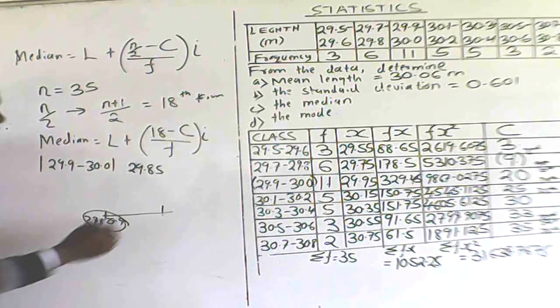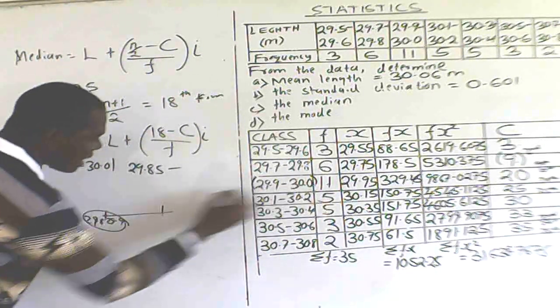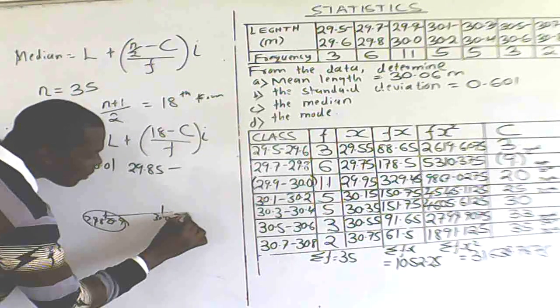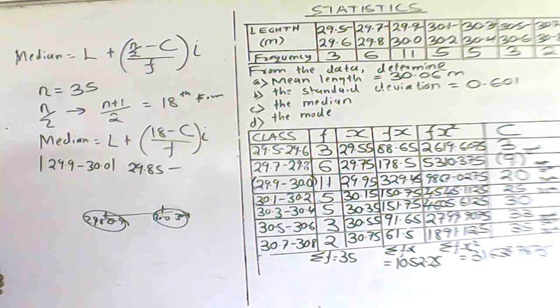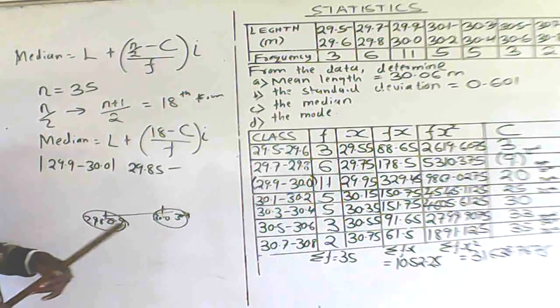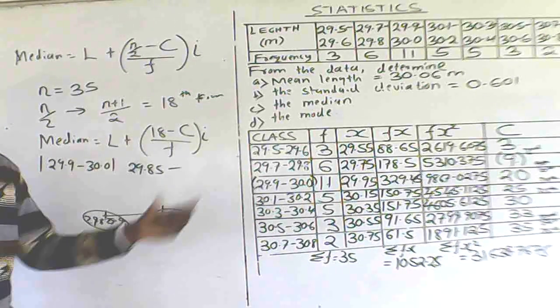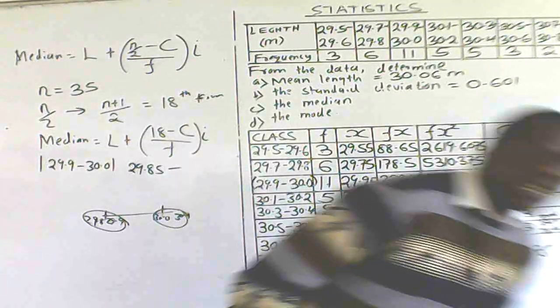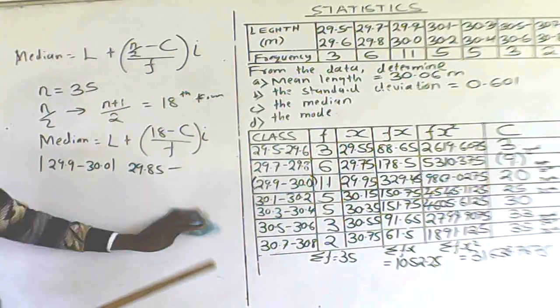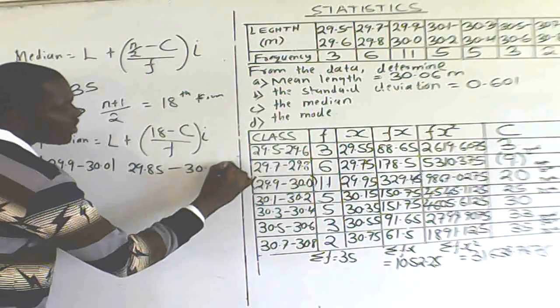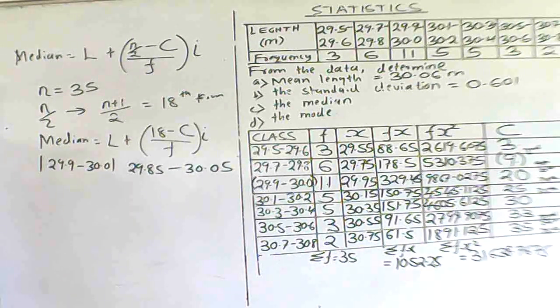Then our median class ended at 30.0, and the other class started at 30.1. So the average gives you the upper class limit: 30.0 plus 30.1 divided by 2 gives you 30.05.